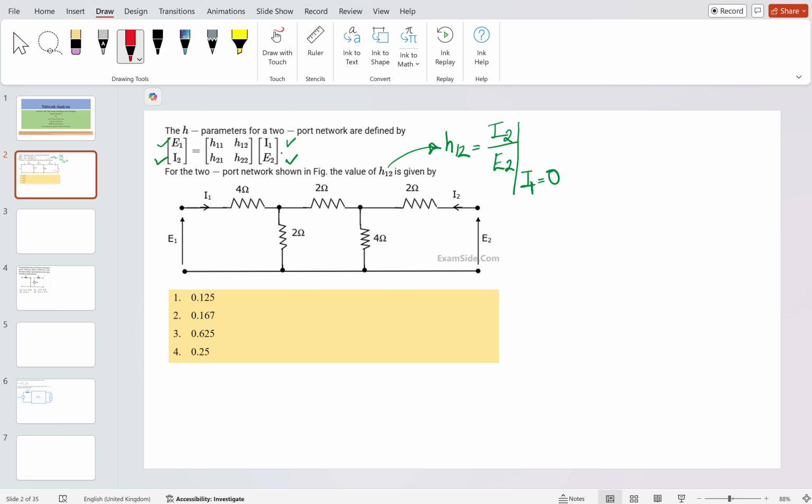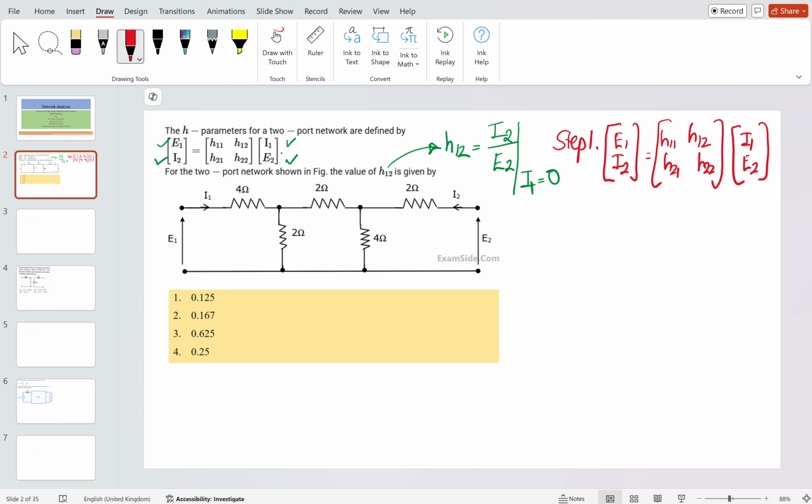Okay, let me give the solution for this problem. A few steps you have to remember for solving this kind of problem. The first step is you have to know the matrix. Here it is already given that for the H matrix it will be E1, I2 and H11, H12, H21, H22 and I1, E2.